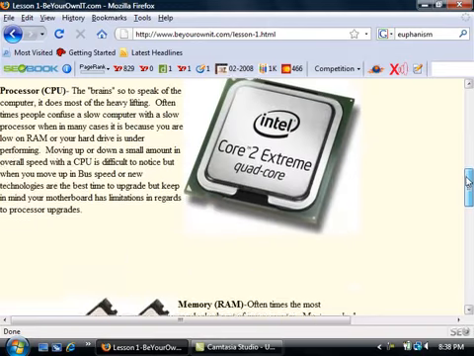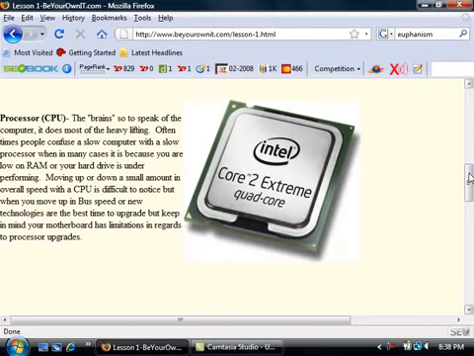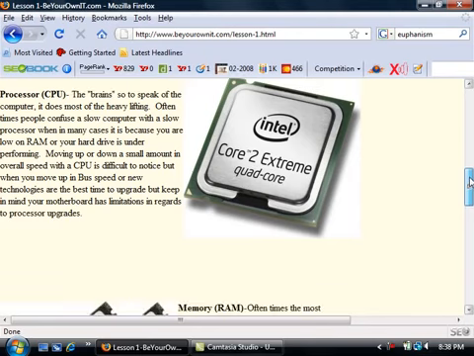There's a lot of general specs I could tell you about what they do. A processor is the brains of the computer. It's often confused. People think, oh, I have a slow computer so I need to upgrade my processor. It oftentimes isn't the processor. So I want you to get familiar with that.